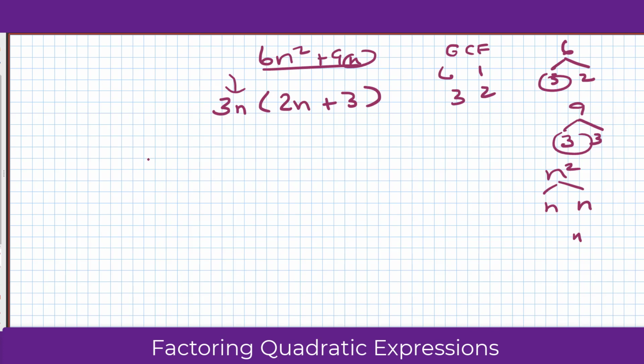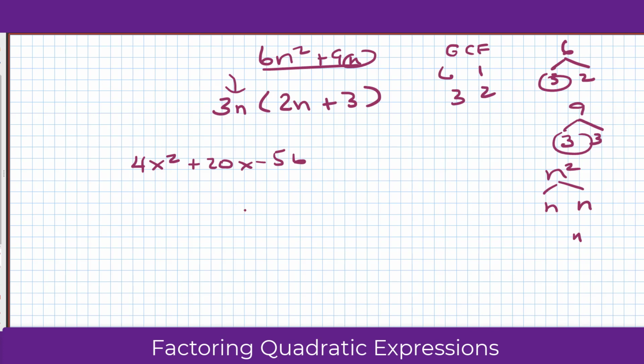So what if we took the same thing for 4x squared plus 20x minus 56? We can factor out the greatest common factor, which is 4. If we do a factor tree of 4, 20, and 56, we're going to find that 4 is our greatest common factor.